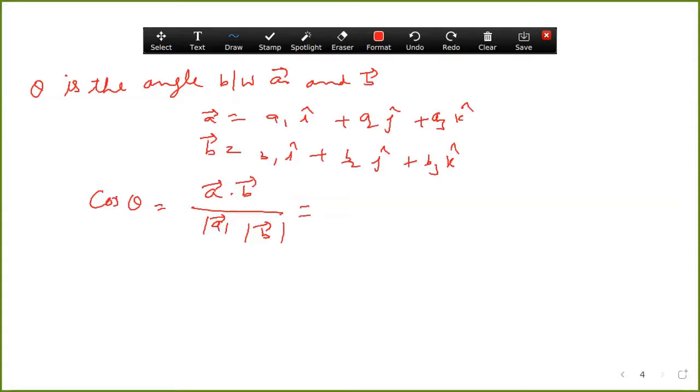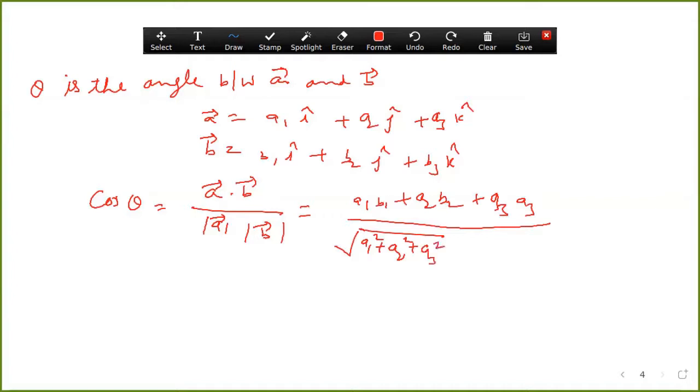Or you can say this is A1 B1 plus A2 B2 plus A3 B3, as I told you. Dot product means this one, magnitude means under the root A1 square plus A2 square plus A3 square, into magnitude of B, which means B1 square plus B2 square plus B3 square. This is the way to calculate the angle.